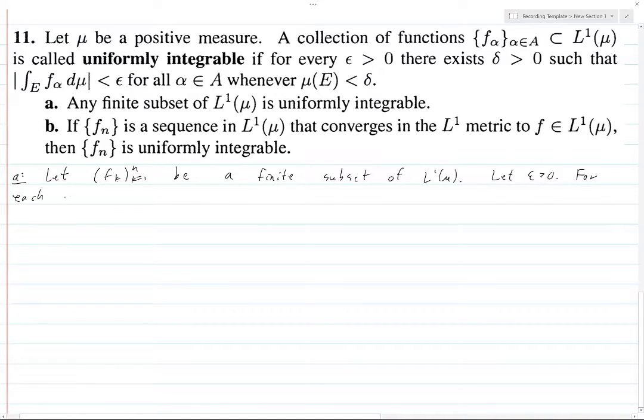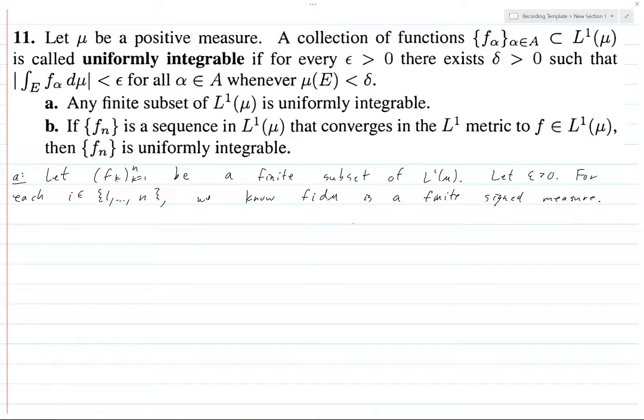For each i between 1 through n, we know that f_i d mu is a finite signed measure. Now here, by f_i d mu, I mean the measure of a set will be the integral over that set of f_i d mu.